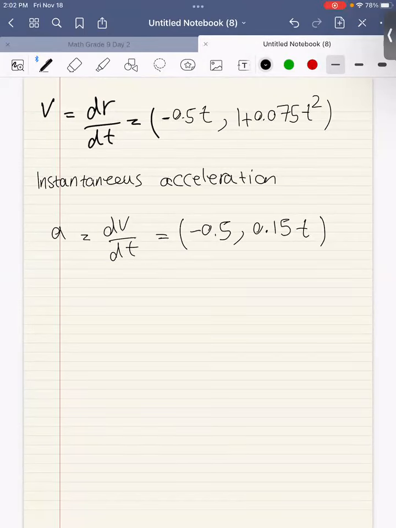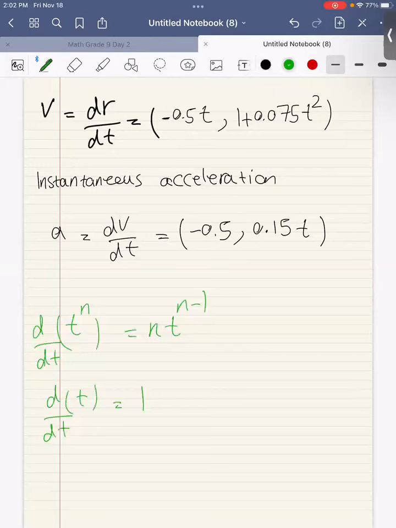For those who don't know calculus, in general, if you have t to the power n, t to any power, the derivative, which I denote by d by dt, is n times t to the power n minus 1. For example, d by dt of t is 1. The derivative of t squared is 2t, and so on.